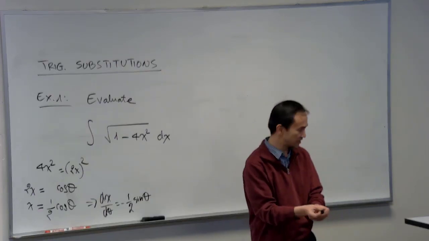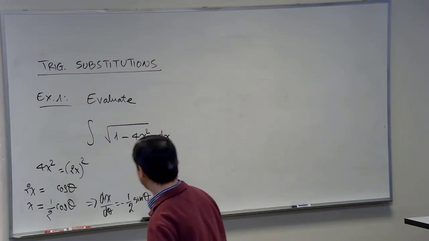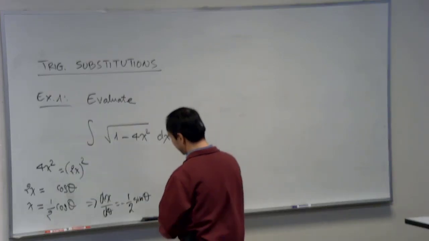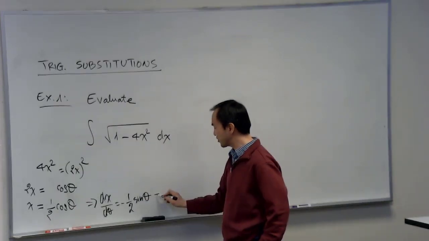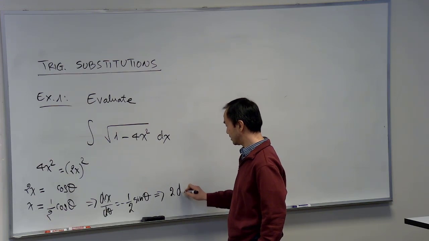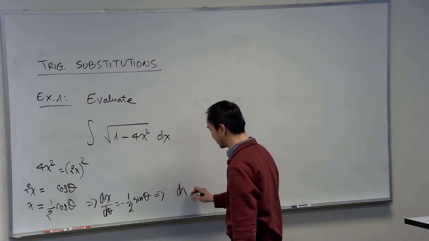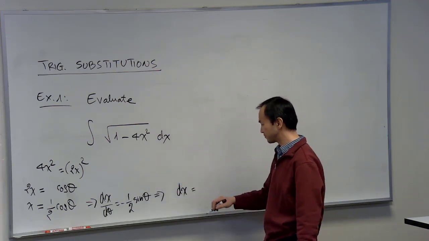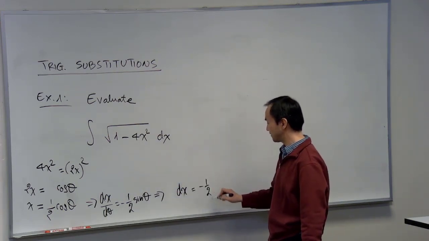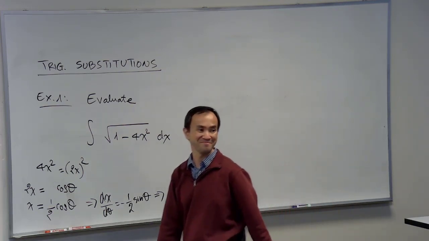It's just the usual substitution, nothing more or less. So dx itself equals minus 1/2 sine theta d theta. You guys agree on that still?